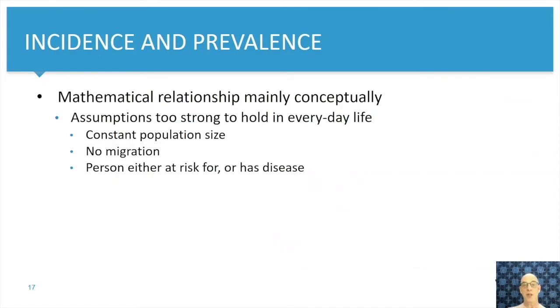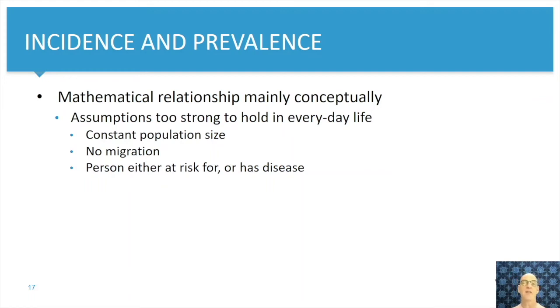The relationship between incidence and prevalence through the duration of disease is mainly conceptual, because this mathematical relationship only holds when there are some very firm assumptions met and which are very unlikely to be met. The population size cannot differ, there is no migration, and either somebody is at risk for the disease or has the disease.